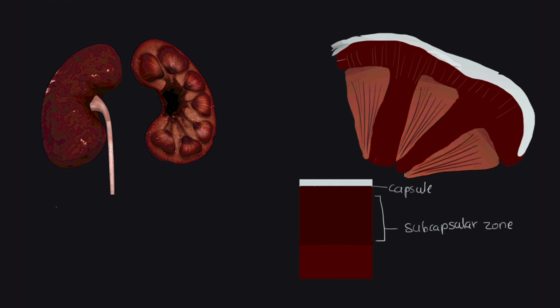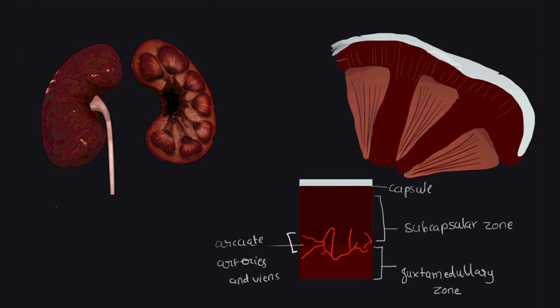And then below the subcapsular zone, we have the juxtamedullary zone. And this one is closer to the medulla. So it's somewhere here. Now, another thing we can notice is that between these zones, you can find the presence of arcuate arteries and veins that supply blood to the entire kidney.